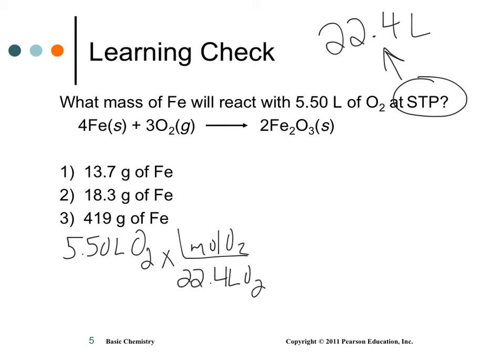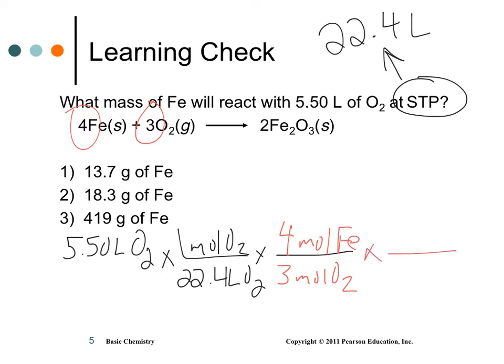1 mole oxygen. Okay, I'm seeing what you're doing, Mr. Haight. Well, now I got to use the mole to mole ratio. 3 mole oxygen, 4 mole iron, times, let's get the mass of iron. 1 mole iron.